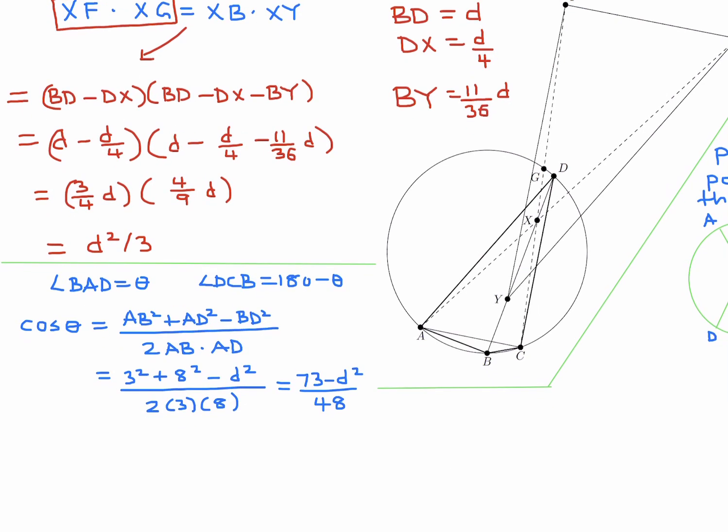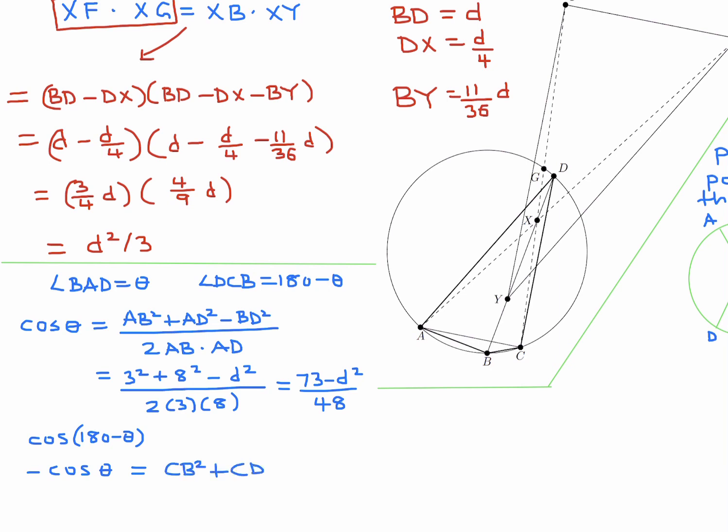Now we do the same kind of thing, but this time for cos of 180 minus theta, which is the opposite angle. But cos of 180 minus theta is negative cos of theta. So that's why the cyclic quadrilateral fact really helps us. Again, I'm just going to do the isolated portion of the cosine law.